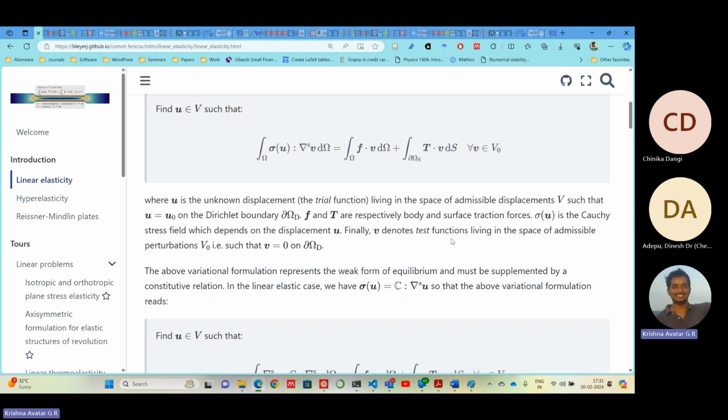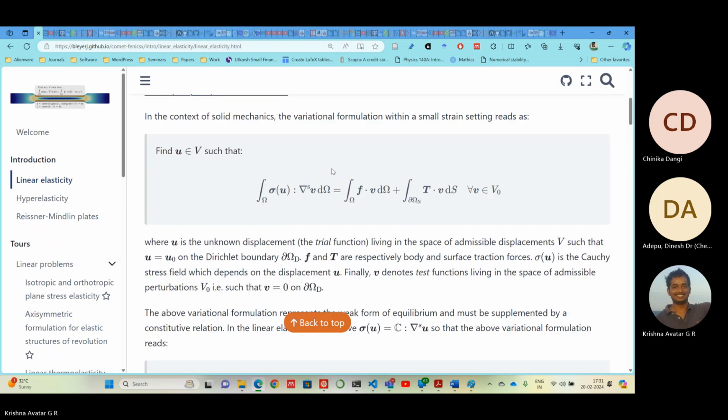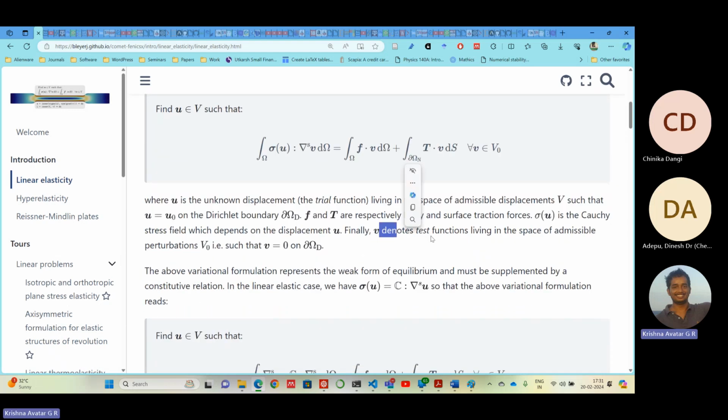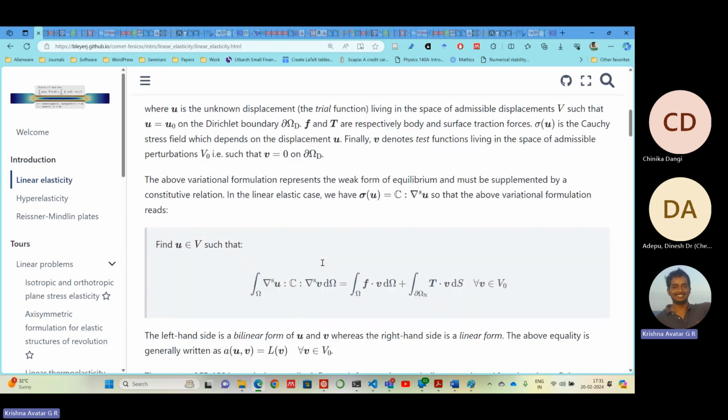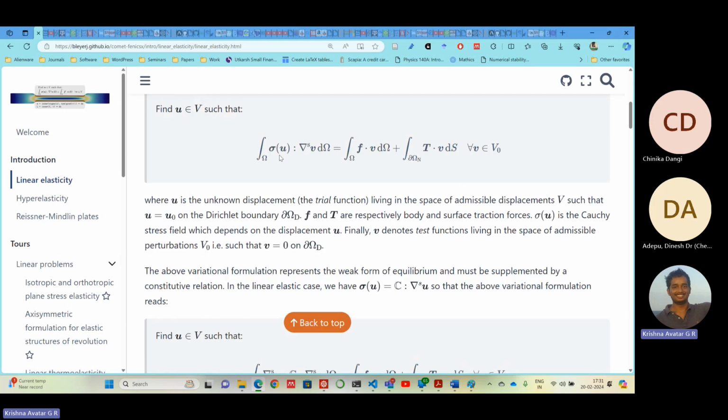And then v indicates the test functions, and it will carry a zero value on the part of the boundary where we have prescribed Dirichlet boundary conditions. This happens to be a weak form of the equilibrium equation, and we need some constitutive relation which will relate sigma to u.